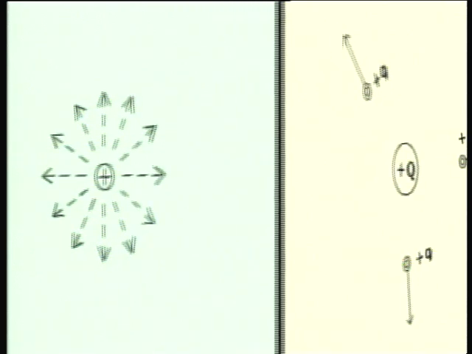To understand this definition more clearly, let us consider an isolated positive charge Q. A small positive test charge q would experience a force of repulsion. From symmetry, it is evident that the direction of the force upon a positive charge anywhere near Q would be radially away from it.